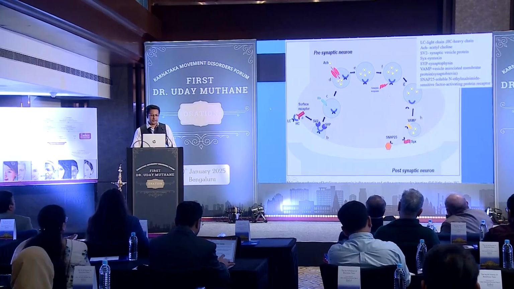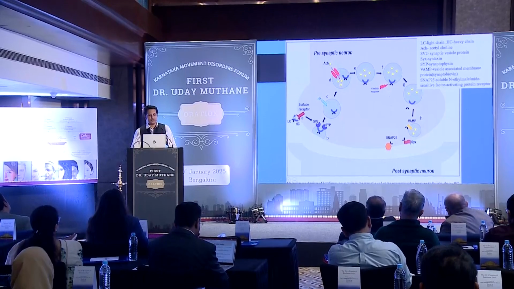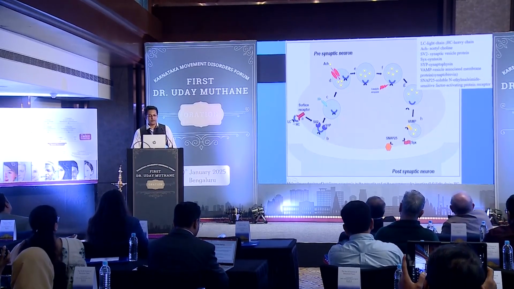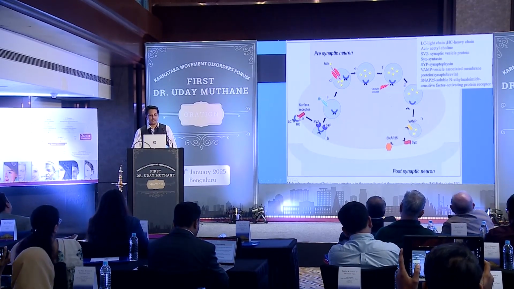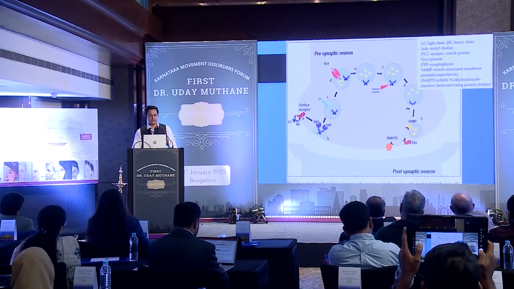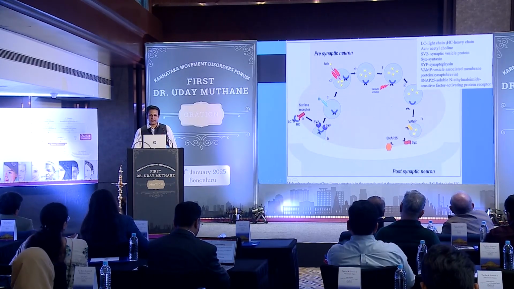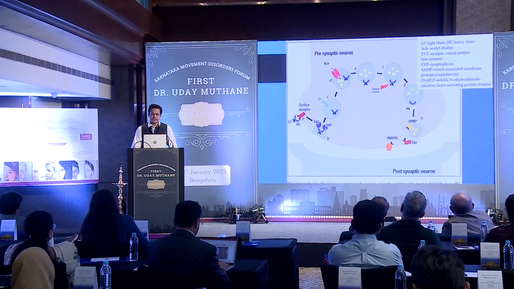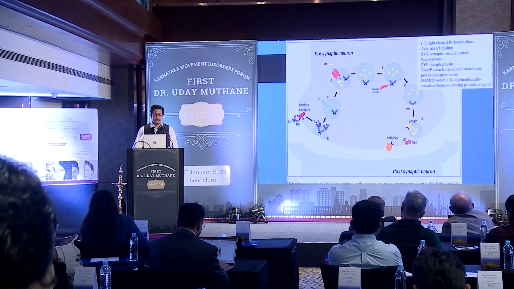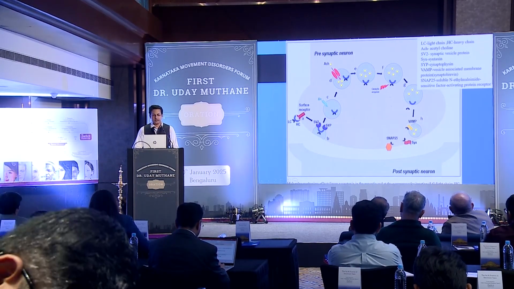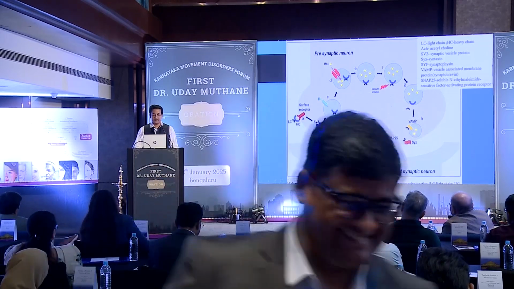So this is a schematic diagram. This is the heavy and the light chain of the botulinum toxin. The heavy chain binds to the surface receptor, synaptic vesicle 2, as well as synaptophysin, which is there on the surface of the vesicle, and helps in taking this toxin within the vesicle.